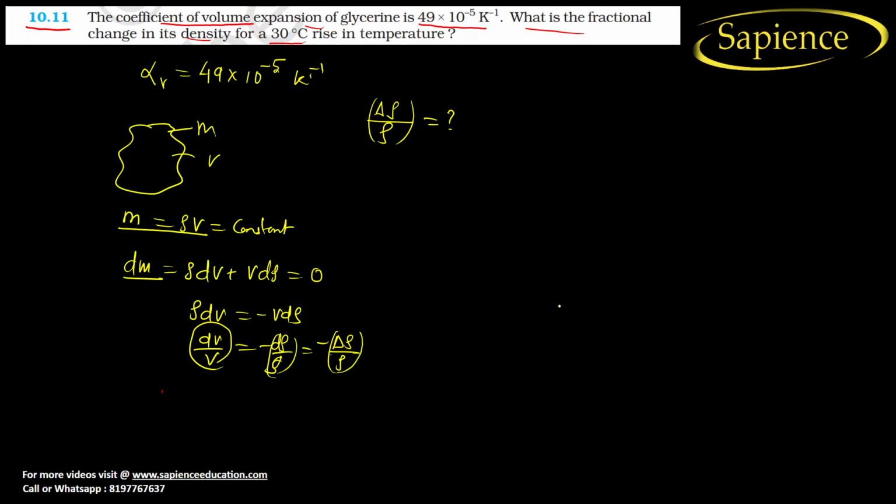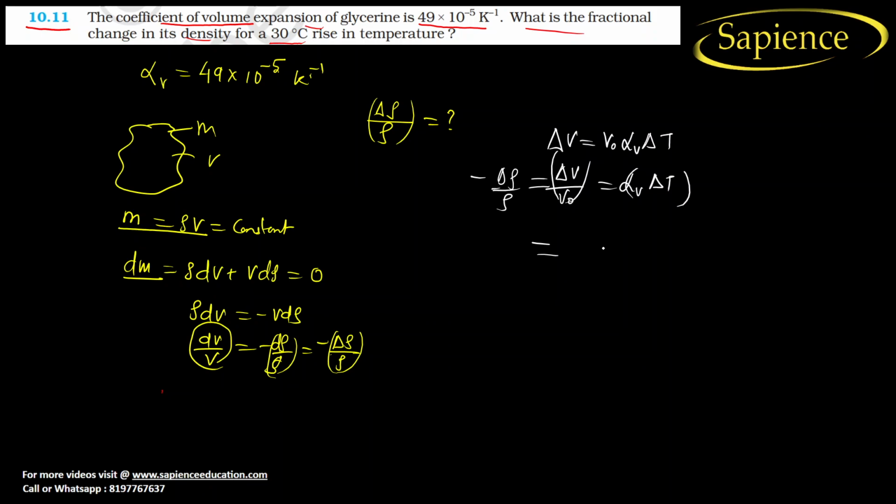Okay. Now, as we know, one of the most famous formulas: change in volume is equal to original volume into volumetric expansion coefficient into delta T. So change in volume by V naught will be equal to alpha V into delta T. So this can also be written as minus delta rho by rho. So from here we can find delta rho by rho.